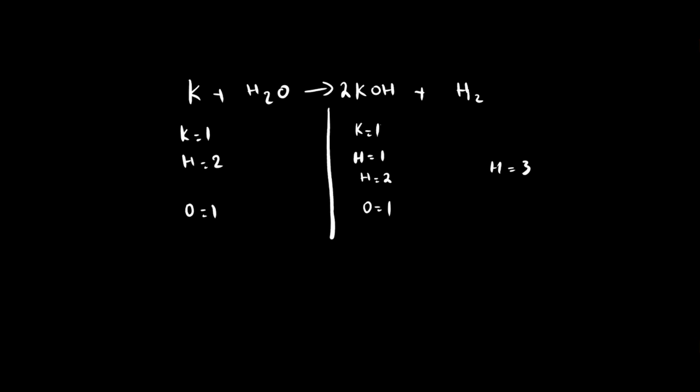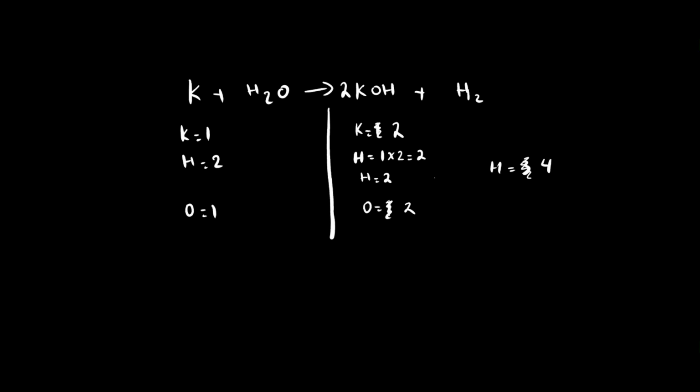So now we have 2 potassium on the right, we have 2 oxygen on the right, and now we have 2 hydrogen as part of the potassium hydroxide. So total, instead of us having 3 hydrogen atoms on the right hand side, we now have 4.